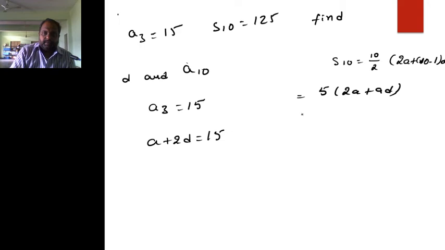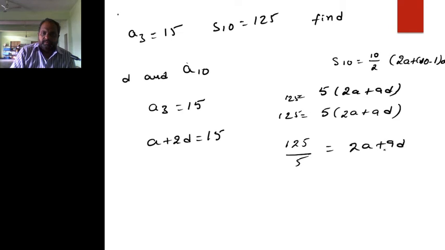S10 is given as 125, so 125 is equal to 5 into (2A plus 9D). 125 by 5 is equal to 2A plus 9D. 5 into 5 is 25. So 2A plus 9D is equal to 25.